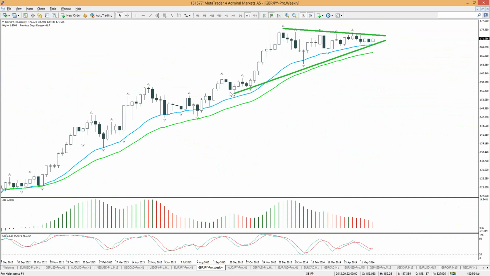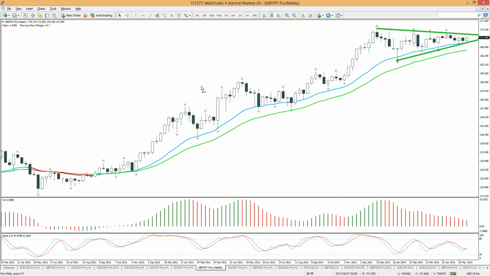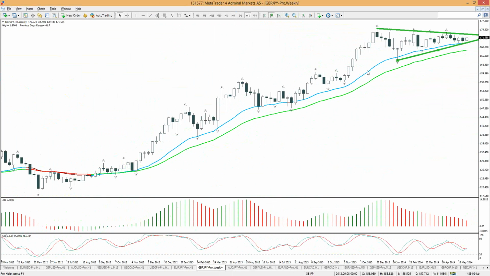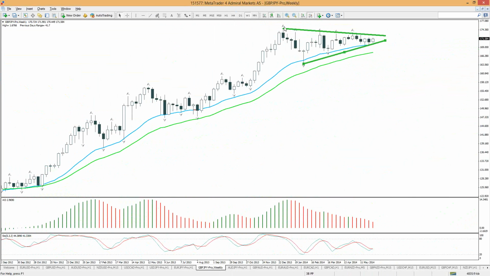And depending on how you draw the triangle, we are still above the moving averages on the weekly as well. If you look at the weekly chart, you can see price above the weekly moving averages since September 2012, and we've remained above it. So in that regard, it's going to be interesting to see what happens.